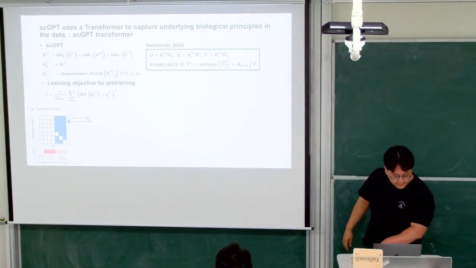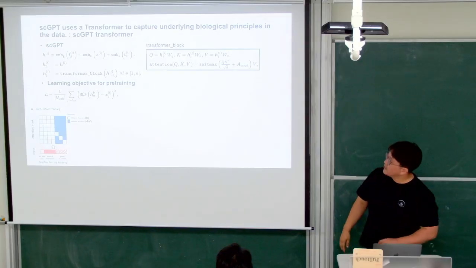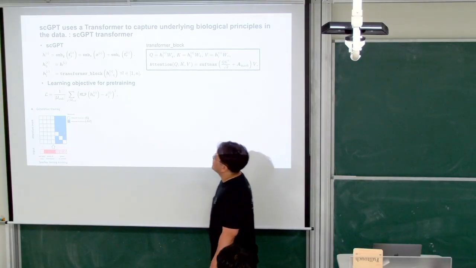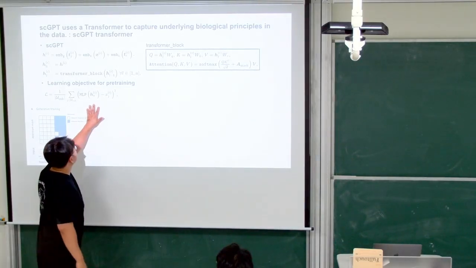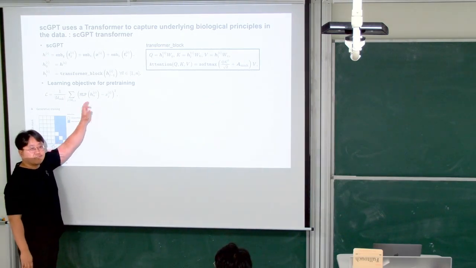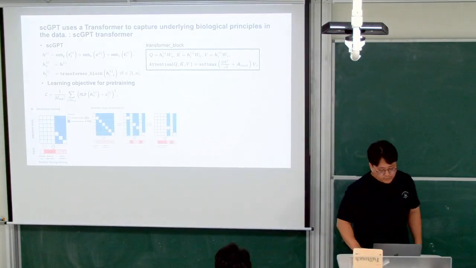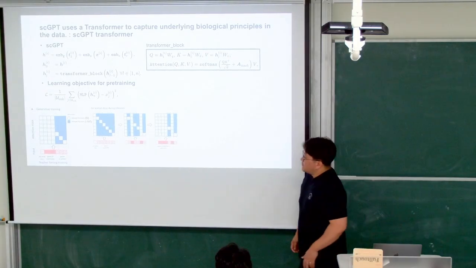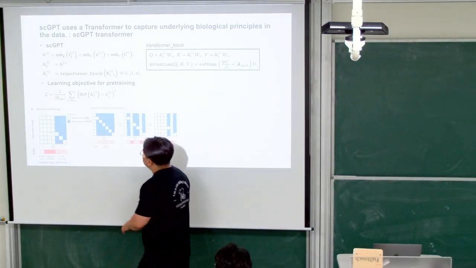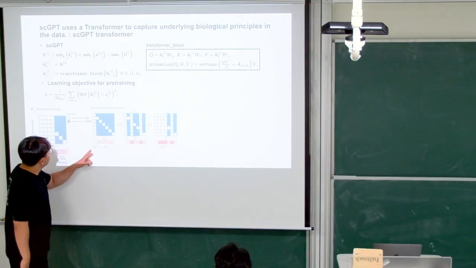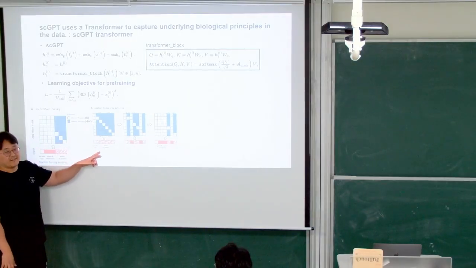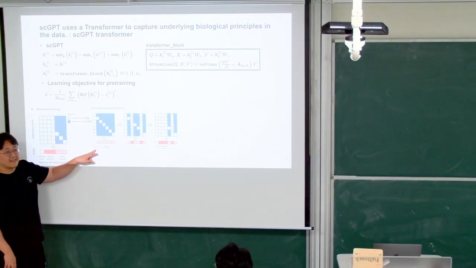Then we have to generate predicted gene expression, right? How to do that? First, this algorithm starts only with the cell embedding, which is the cell representative vector I already mentioned, the CLS, remember?